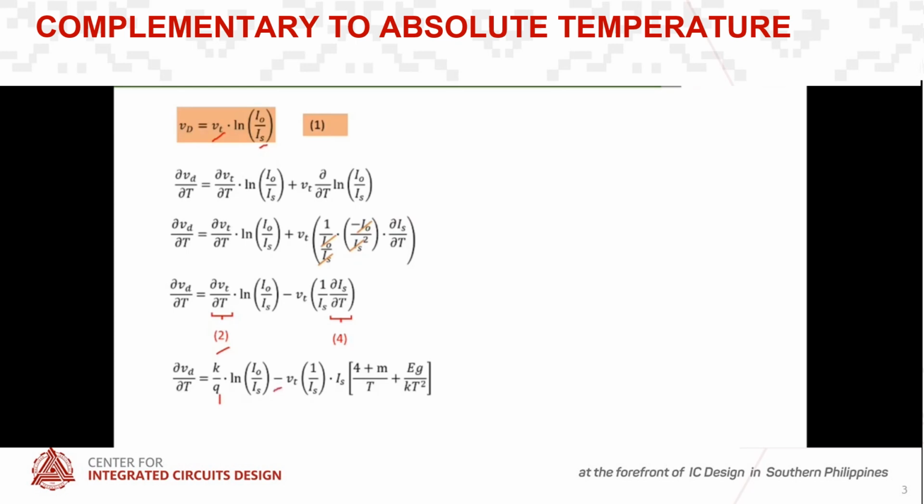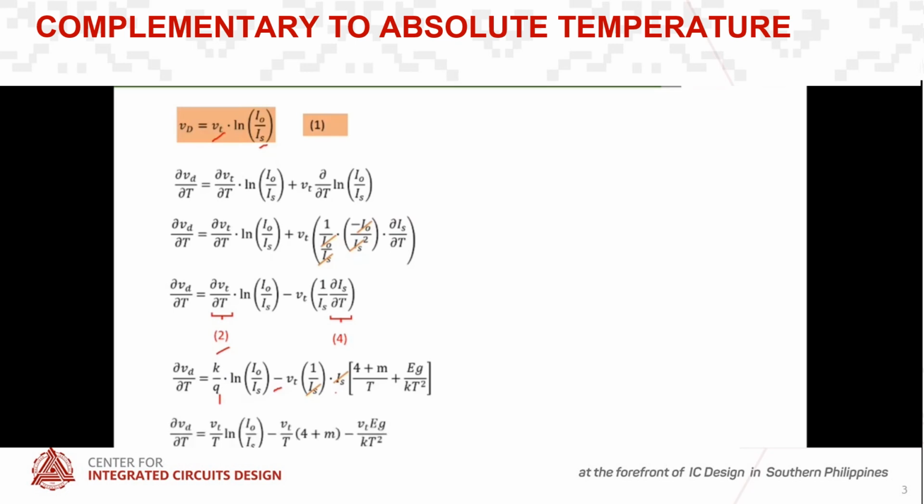minus Vt times 1 over Is times equation 4, which is Is times (4 plus m) over T plus Eg over kT squared. Canceling the like terms, we can simplify.